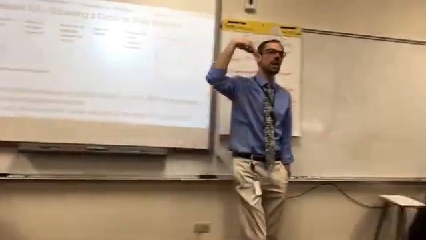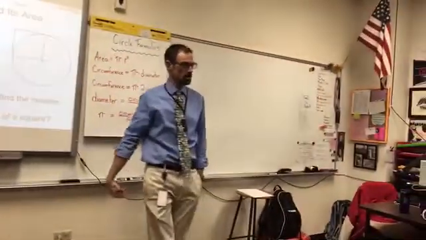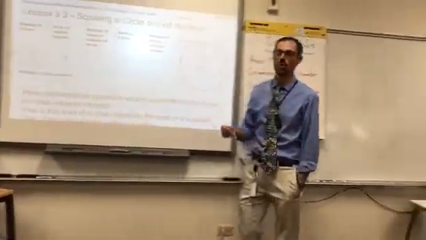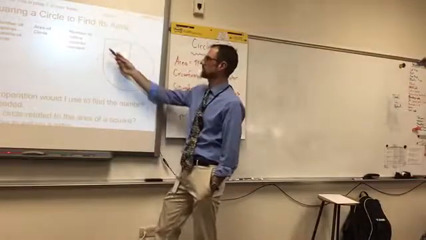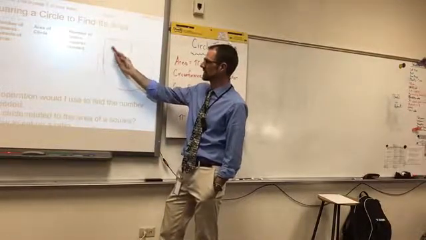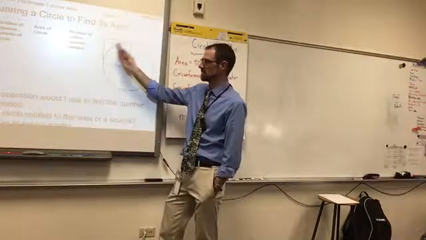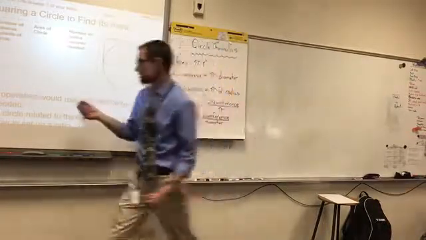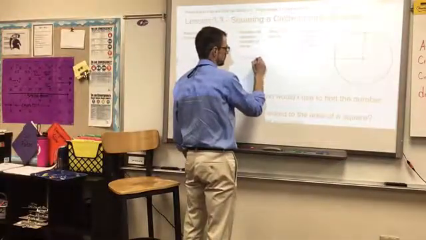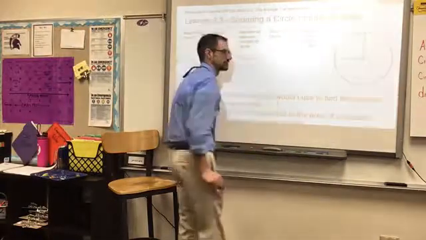Number of squares outside of the circle. So this is where I have to look at my radius square. What about the boxes outside? Well, I've got 1 here, and it looks like if I took those little pieces, it might make 2. So I'm going to put close to 2.